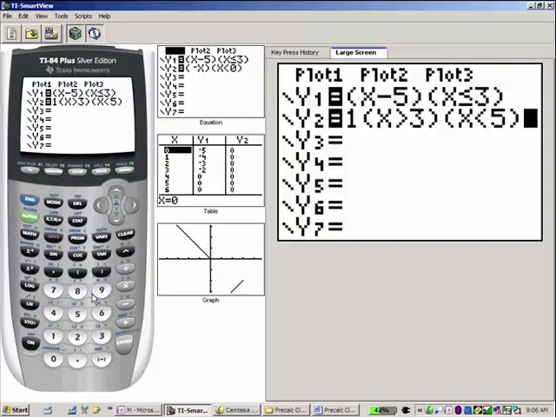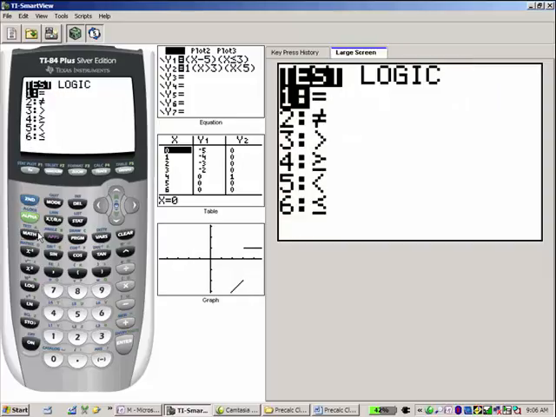So that's the notation to show your calculator an interval. And then finally, x plus 1 for x greater than or equal to 5.